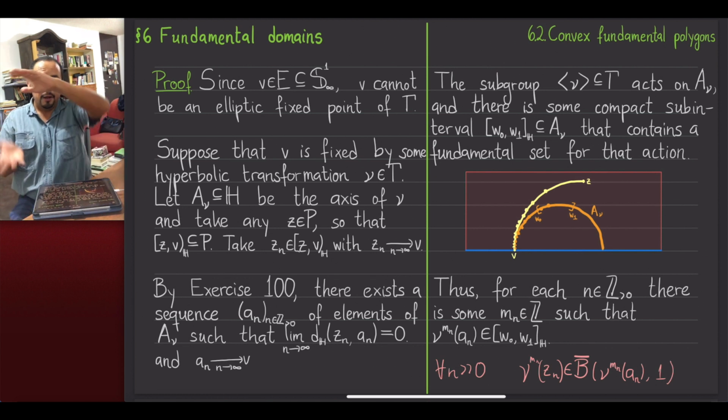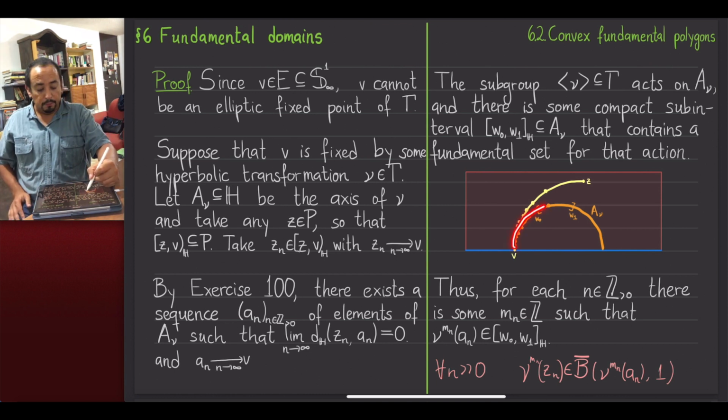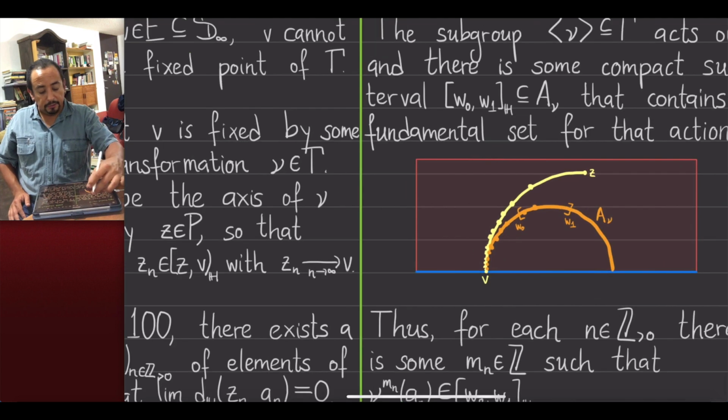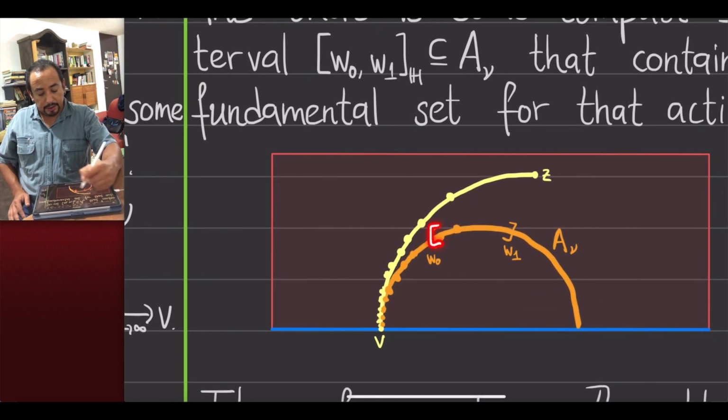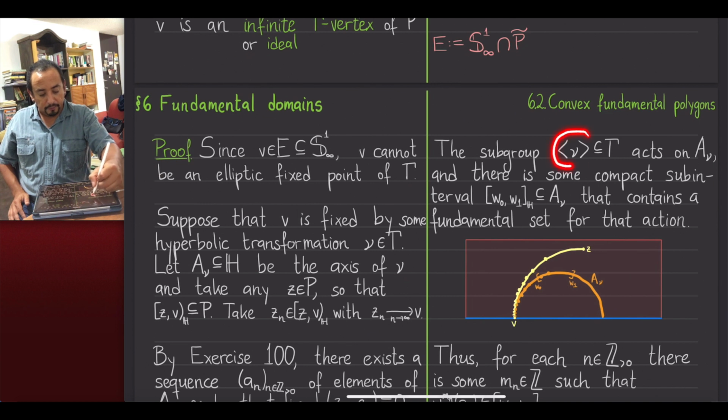And then move it back to the axis, and you see that the axis contains some compact subinterval inside which there is a representative for this action for any point in the axis.